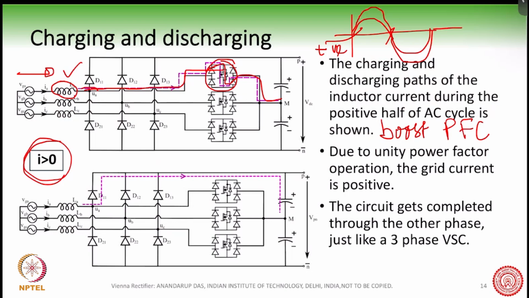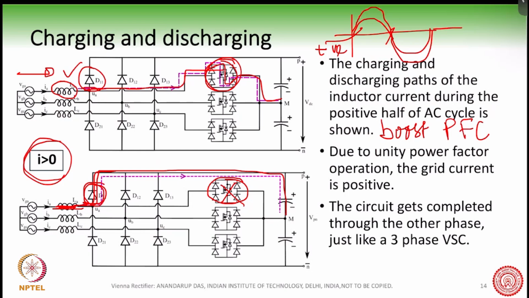And how will you discharge, right? The current will go from here, and so you will turn off this switch and the current will go like this. This means that this diode and this 4-quadrant switch are going to be completely working when the A phase current is positive.